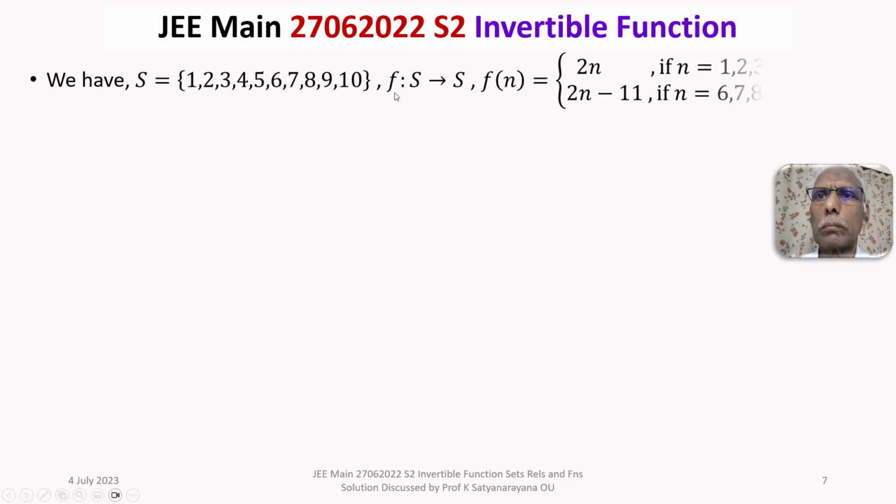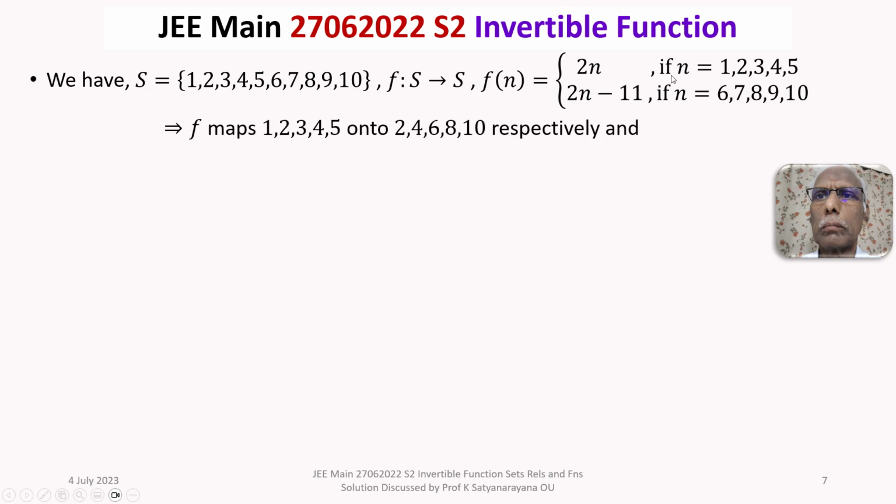We have S. f is a mapping from S to S defined like this. f of n is equal to 2n when n is equal to 1, 2, 3, 4, 5. When n is 1, f of 1 is 2, f of 2 is 4, f of 3 is 6, f of 4 is 8, f of 5 is 10.